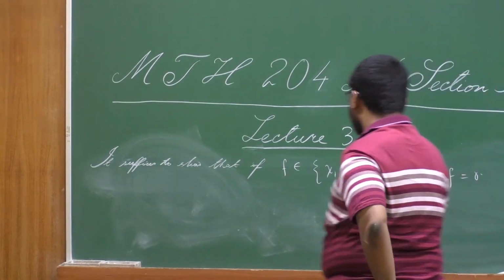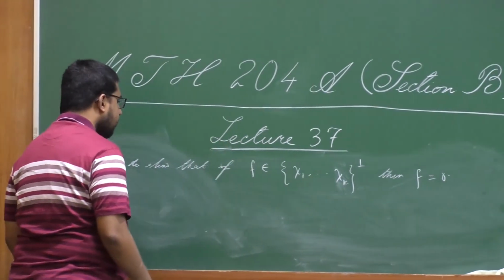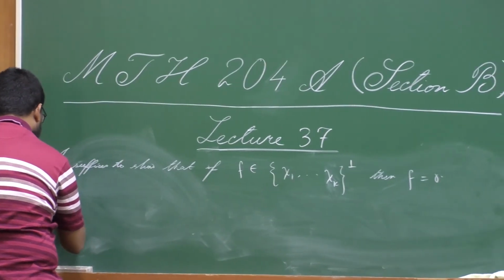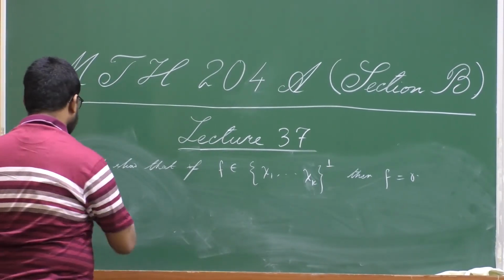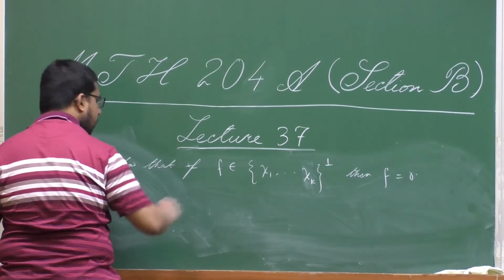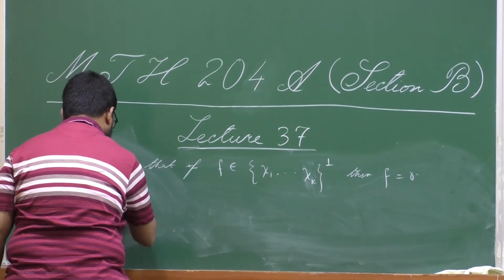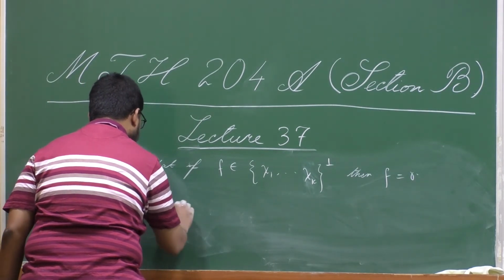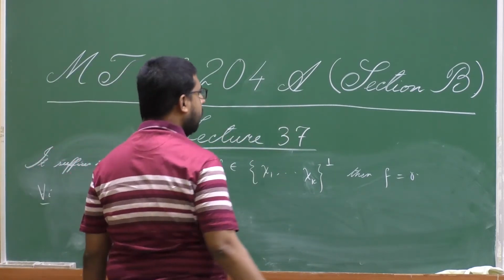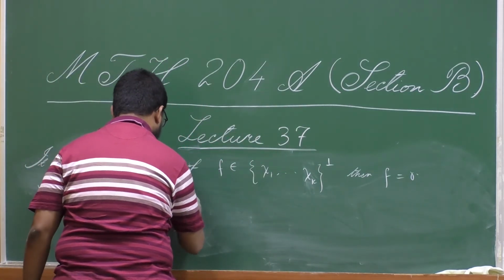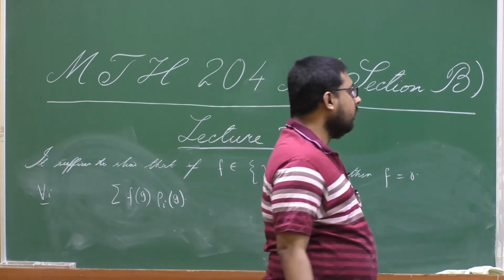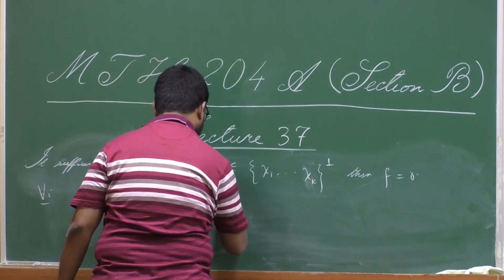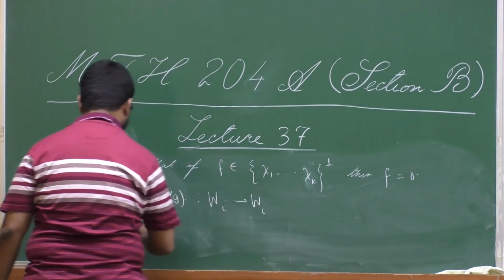So what do we do? Recall that corresponding to this f, if we take any i here, then the map, as we have already done, rho_i of f, for each of these rho_i's, rho_i is irreducible. So for each g, this rho_i(g) is going to be a linear operator from W_i to W_i.